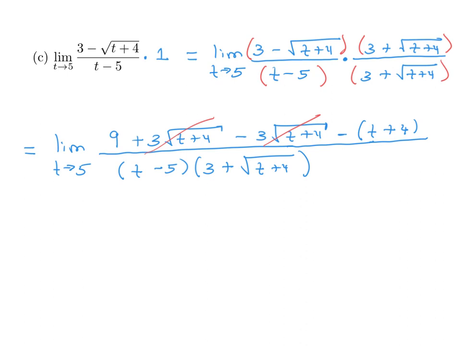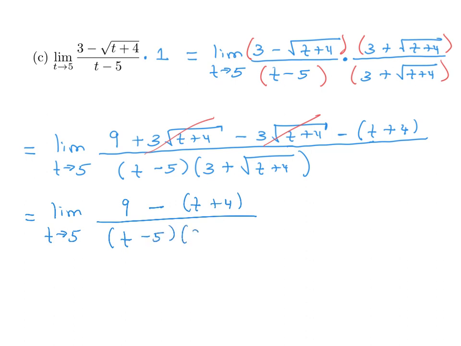I'm going to rewrite this as the limit as t approaches 5 of, so that's 9 minus (t plus 4), all divided by (t minus 5) times (3 plus the square root of t plus 4). And if you distribute in that negative, I'll put that as my next step here.